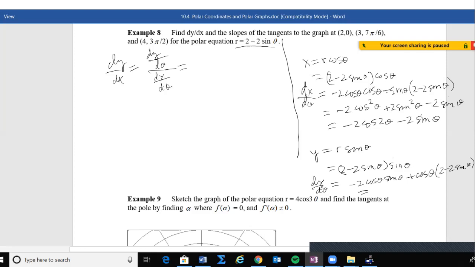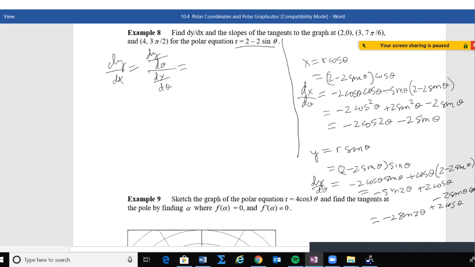which is, let's see, minus sine 2 theta here, and this would be plus 2 cosine theta, and then minus 2 sine theta cosine theta. So I got a couple of those together, so that's a total of minus 2 sine 2 theta plus 2 cosine theta.